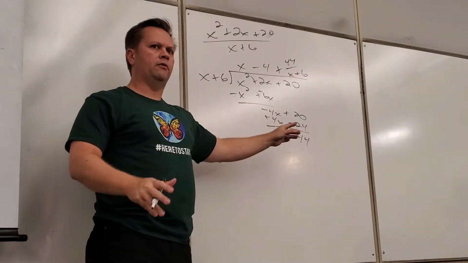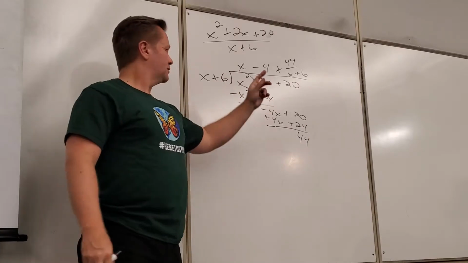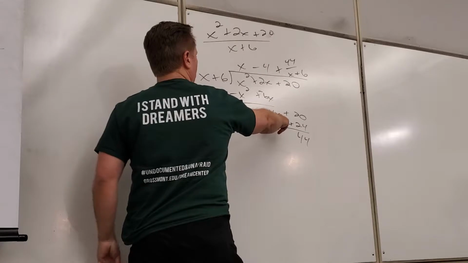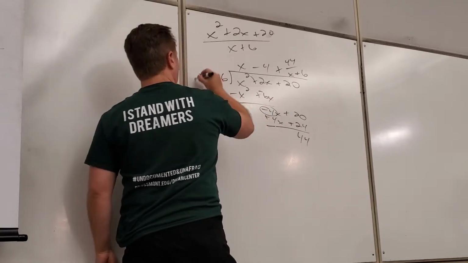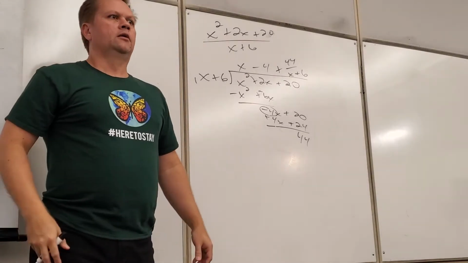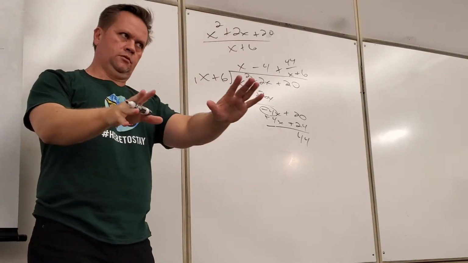I want to make a process where this doesn't even show up. What am I thinking about when I'm saying x times what is negative 4x, for example? I'm looking at the numbers. 1 times negative 4 is negative 4. I shouldn't have to rewrite the variables all the time. This is kind of cool.